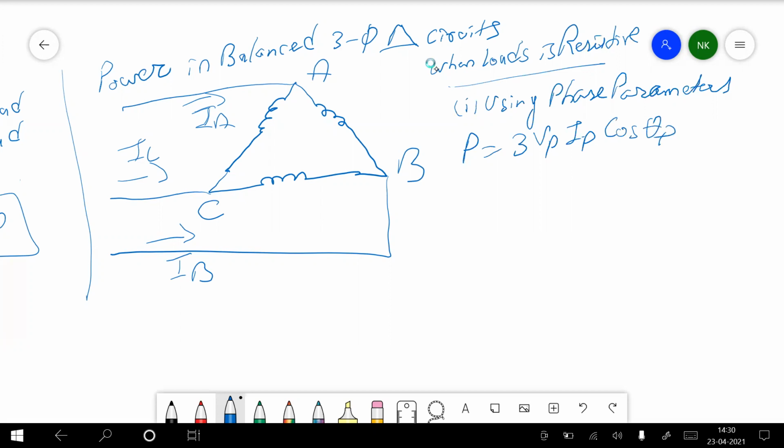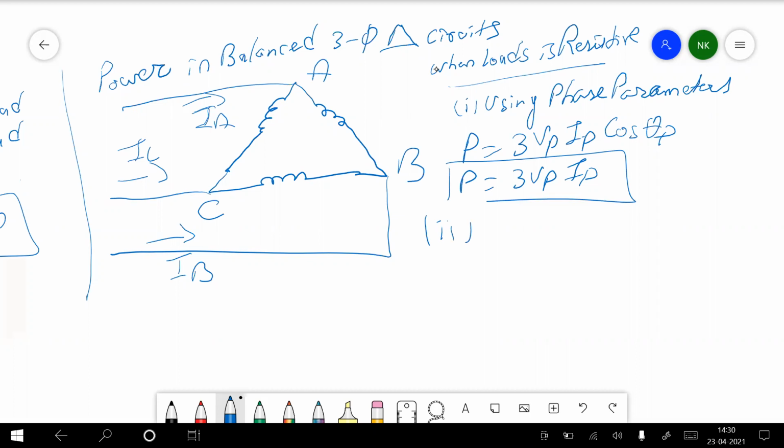This is our equation. Since it is a resistive load, it will be the same for this also. It will be 3 Vp Ip, as the power factor is unity, so cos theta goes. So we have this.